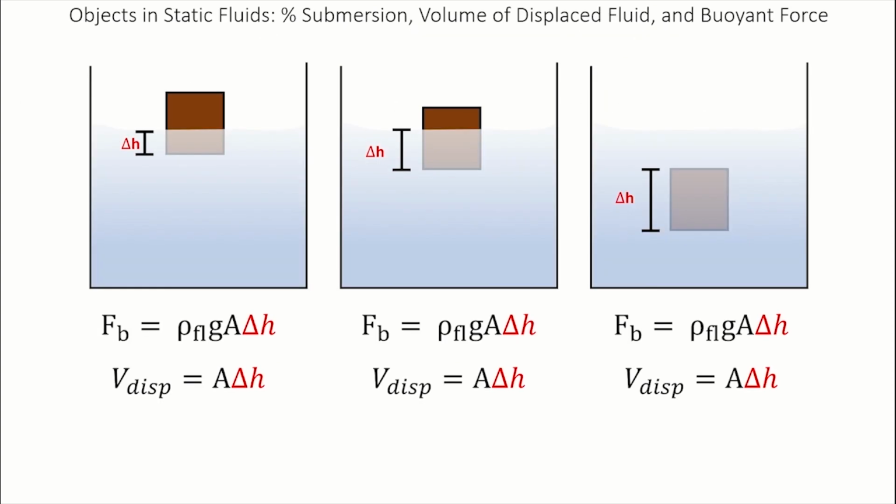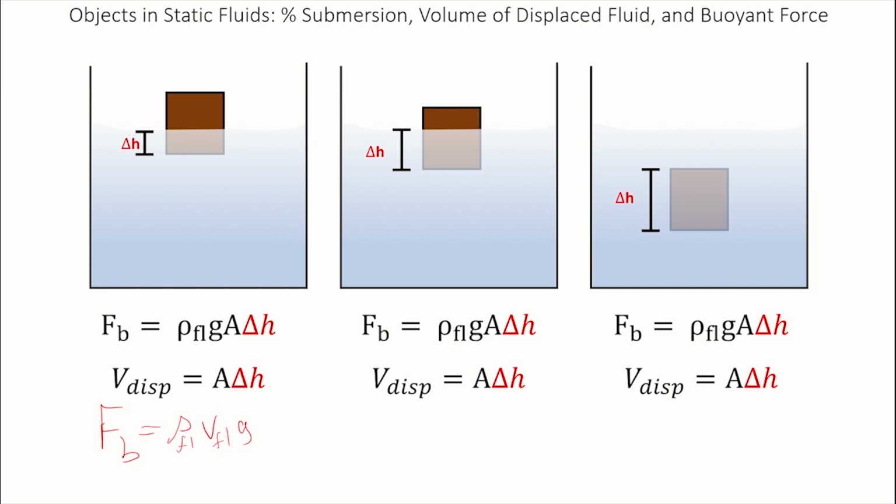Moving on here. This is the slide that just wants to represent to you the effect of percent submersion and the volume of displaced fluid on the buoyant force and how those two things relate. So why don't we write the buoyant force here as rho Vg, where this is the fluid.